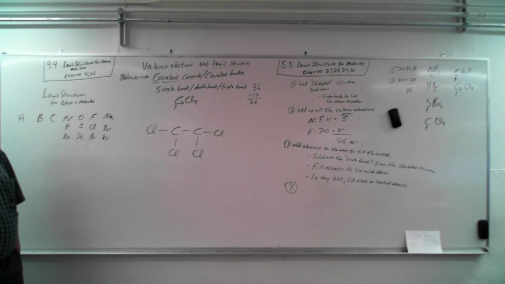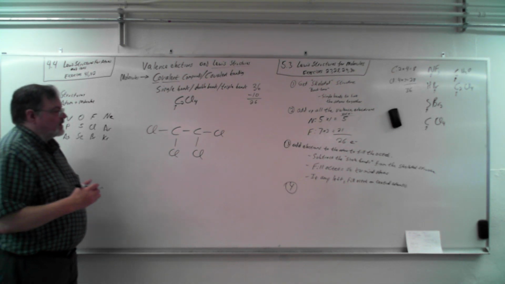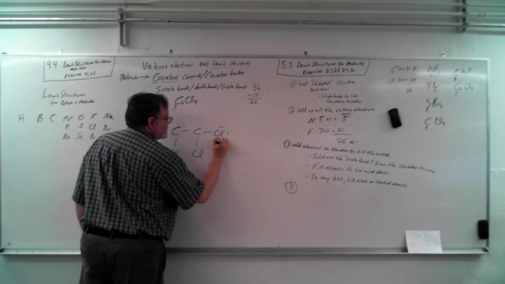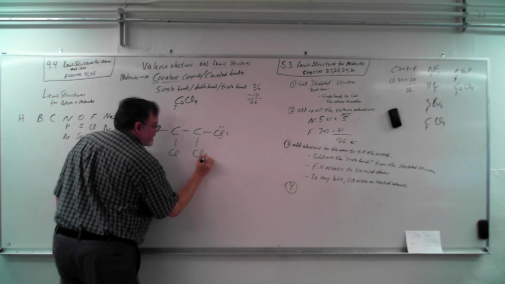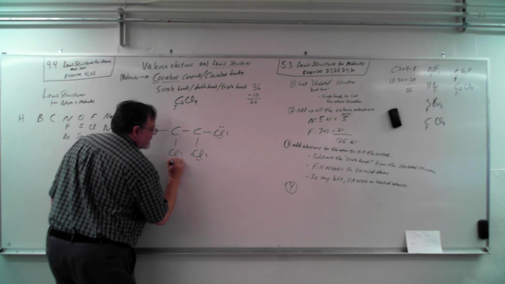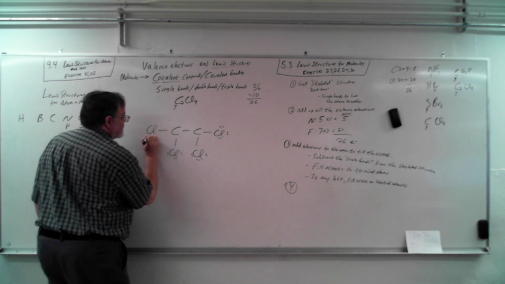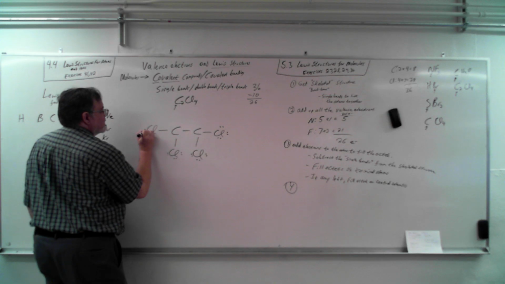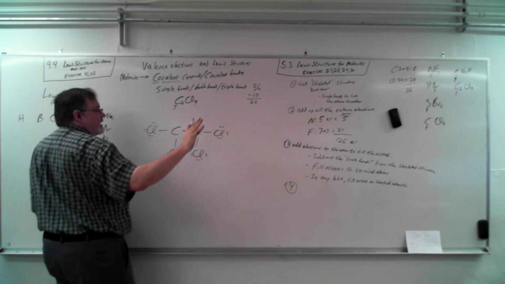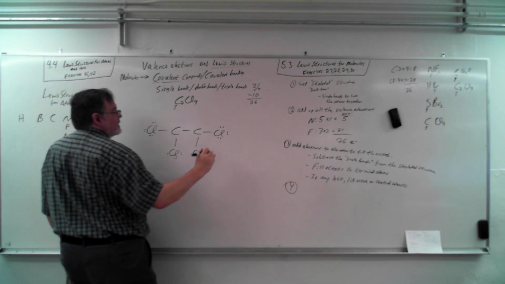All right, so now we will fill the octets of the terminal atoms. 2, 4, 6, 8, 10, 12, 14, 16, 18, 20, 22, 24. All the chlorines have their octets now.